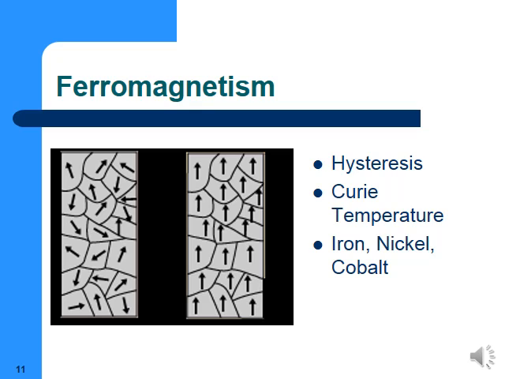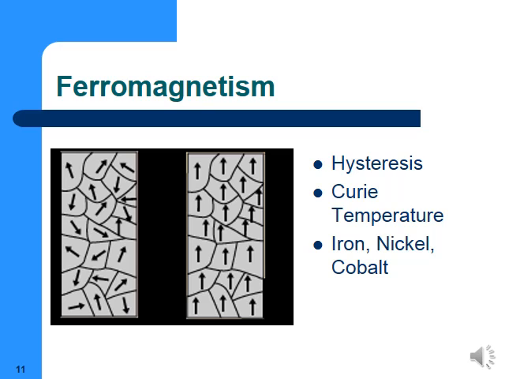Now we talk about hysteresis, which defines how a magnetic field can be stored in a substance. So read about hysteresis in chapter 28 and understand it. And then we also talk about the Curie temperature. So magnetic materials, ferromagnetic materials, can be heated to a certain temperature where they'll actually demagnetize.